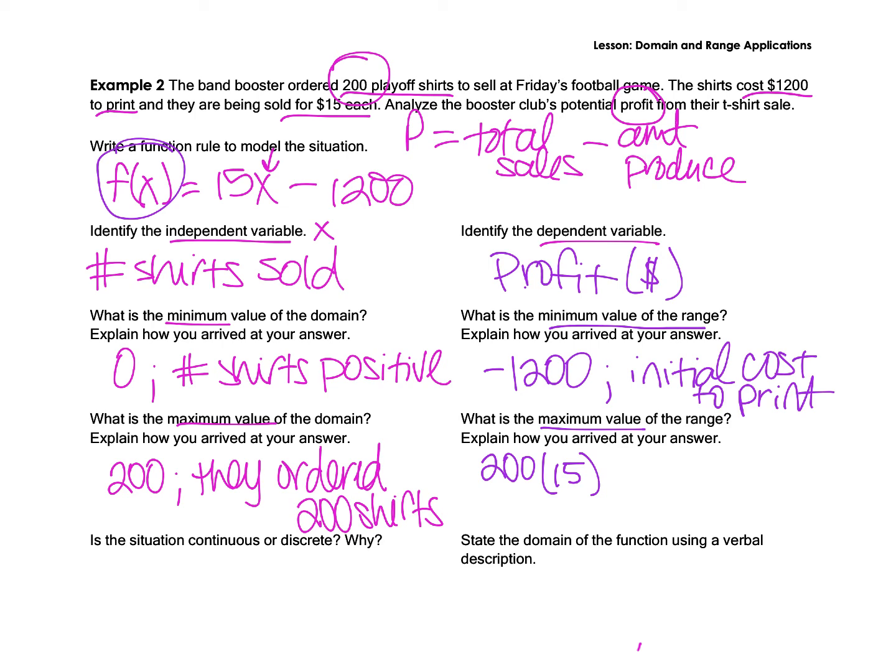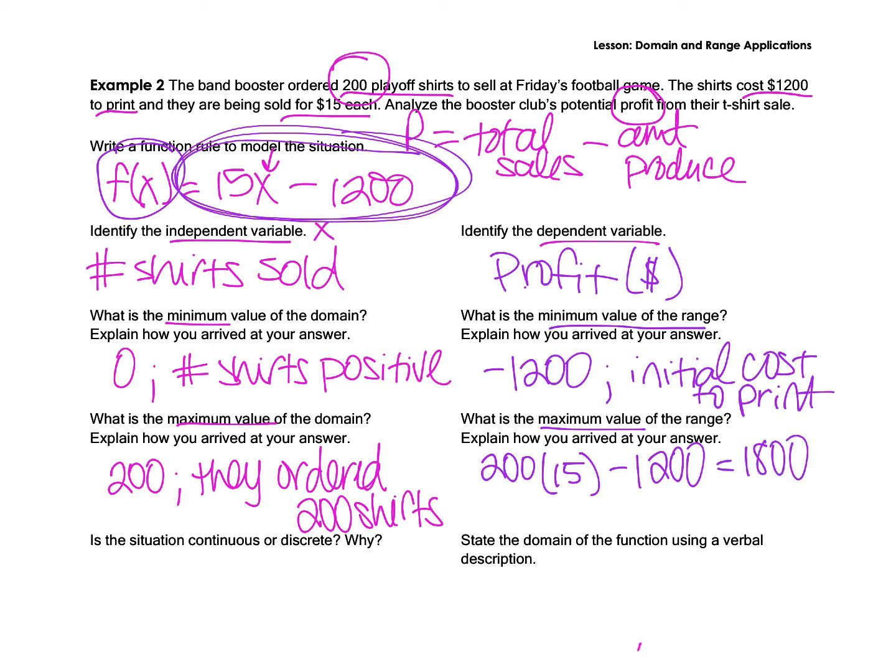If we were to work that out, we also need to take away that 1,200. That would give us 1,800. So the max would be 1,800 for your profit. And then this explains here how we arrived at our answer.